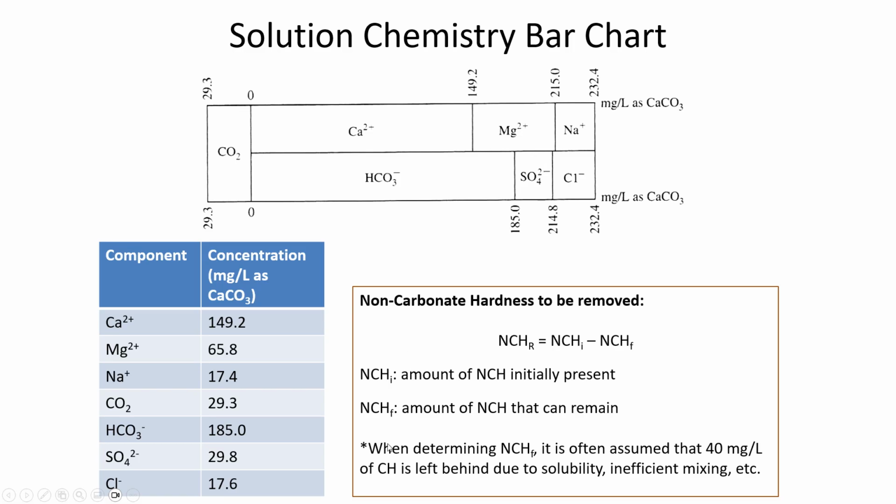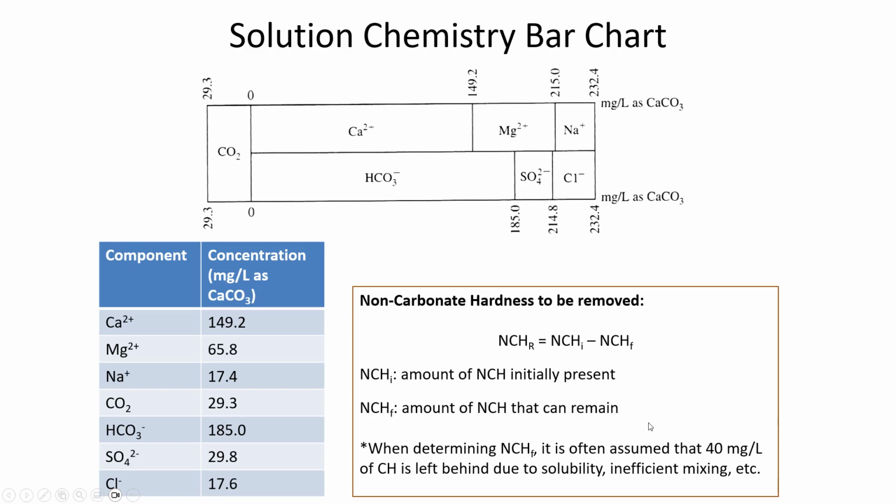Now, how much can we actually remove? One of the interesting things is that even after our precipitation reactions, we're often going to assume that you leave behind 40 milligrams per liter of carbonate hardness, because of maybe incomplete mixing of the chemicals or just the speciation. Even at a pH of 10.4 or 11, even at those elevated pHs, there's still going to be a certain fraction of the calcium that is left behind.